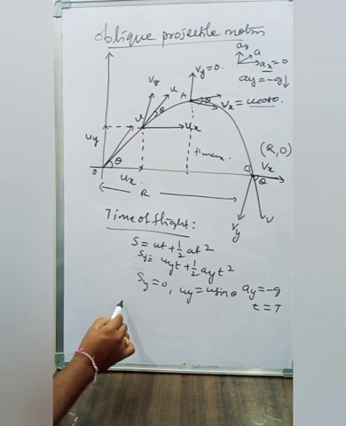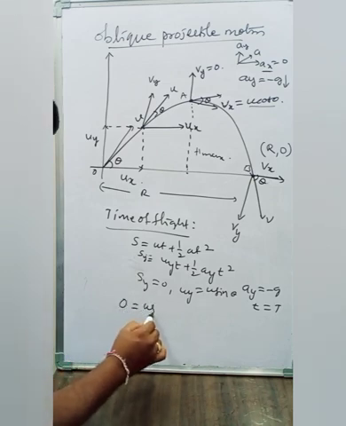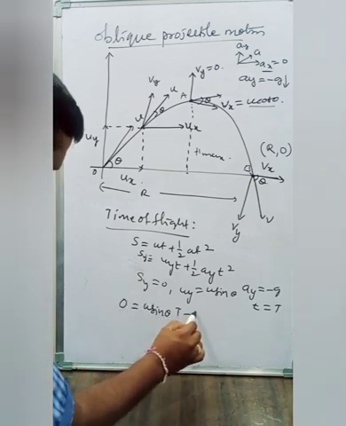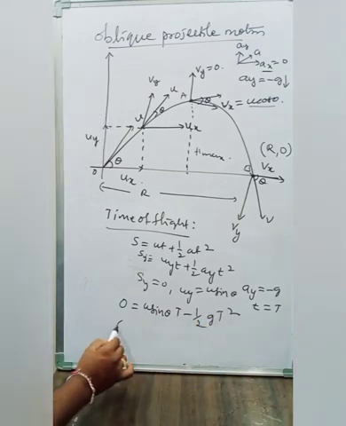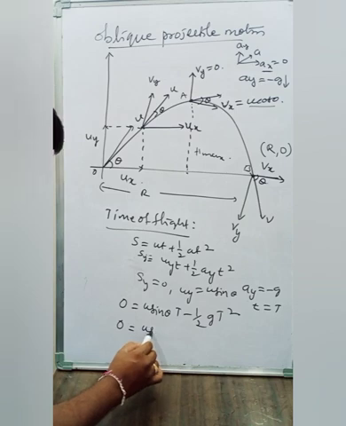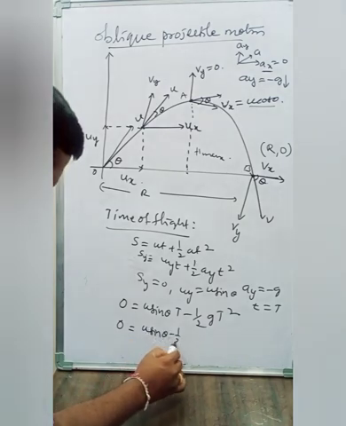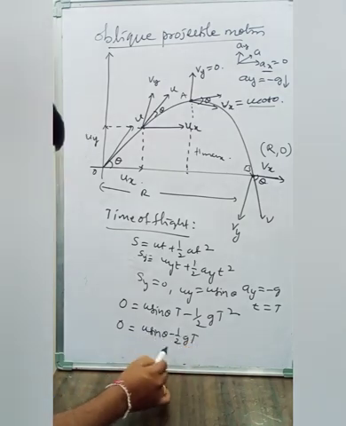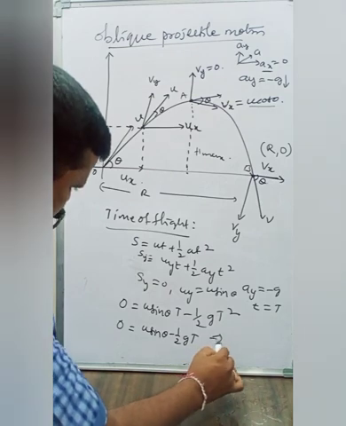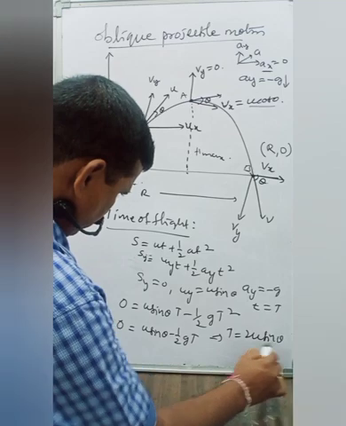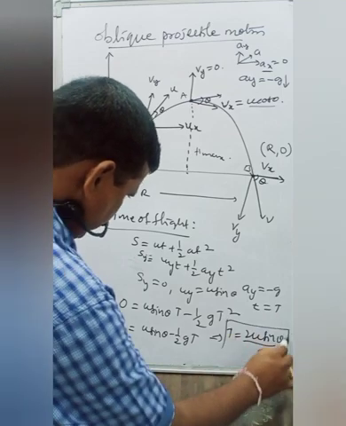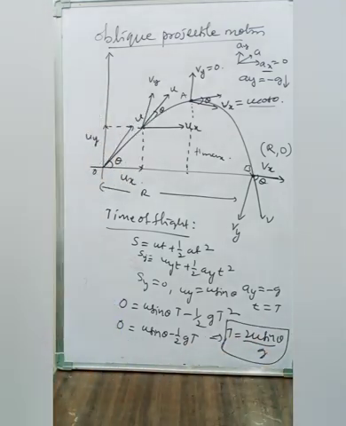Therefore 0 = u sin θ t − ½ g t². Taking t common, 0 = u sin θ − ½ g t. By simplifying the above equation, we get T = 2u sin θ / g. This equation refers to the time of flight.